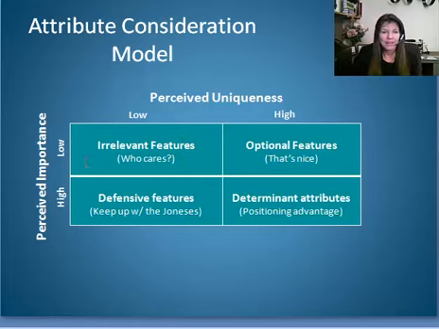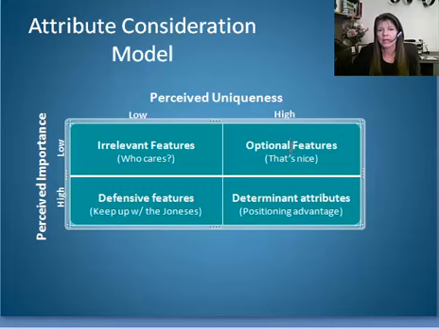So they don't tend to care about it. Now, if you look over into this cell, it's still low importance, but it's perceived to be unique. Then the attitude tends to be more like, oh, that's nice. In other words, fine if it happens to come with it, but not important if not.